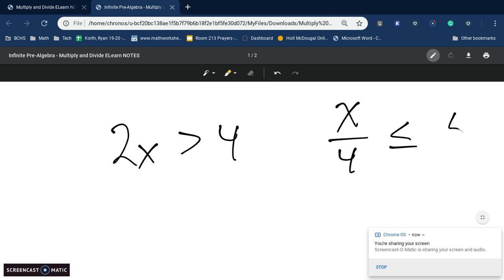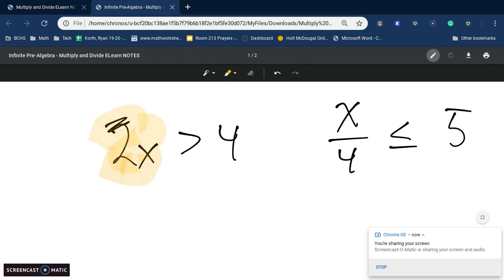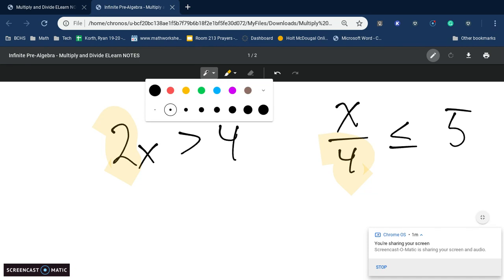So if the number next to x is negative, the inequality needs to change directions.